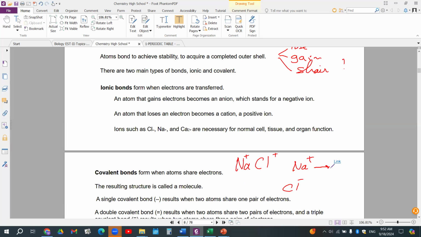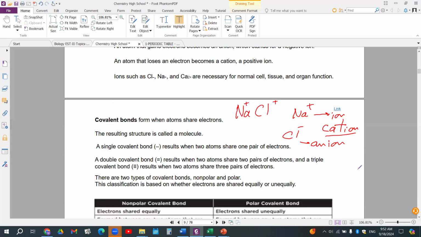Now it is not an atom, it is an ion. Positive ions are called cations, negative ions are called anions.